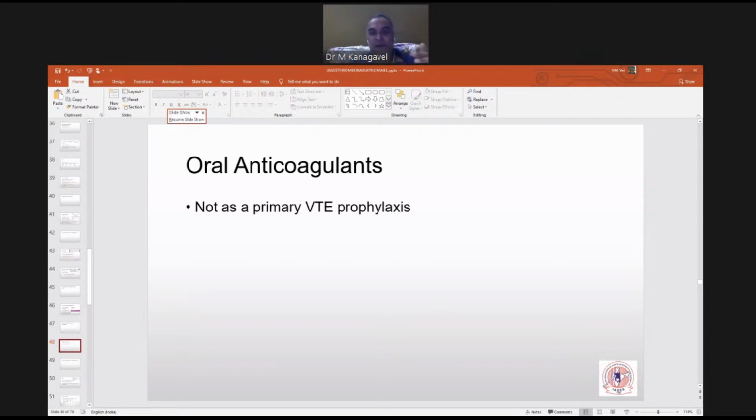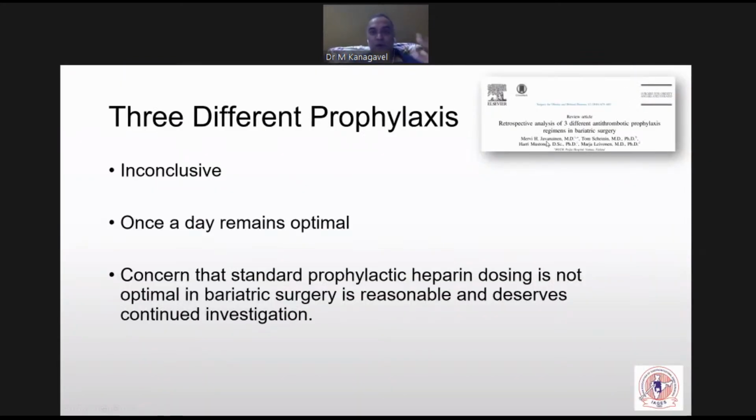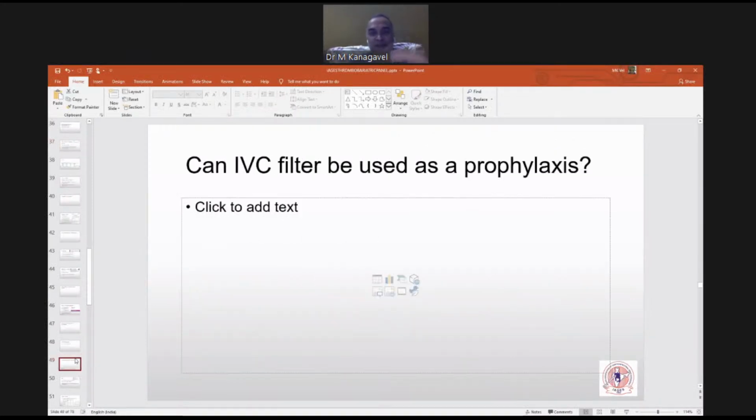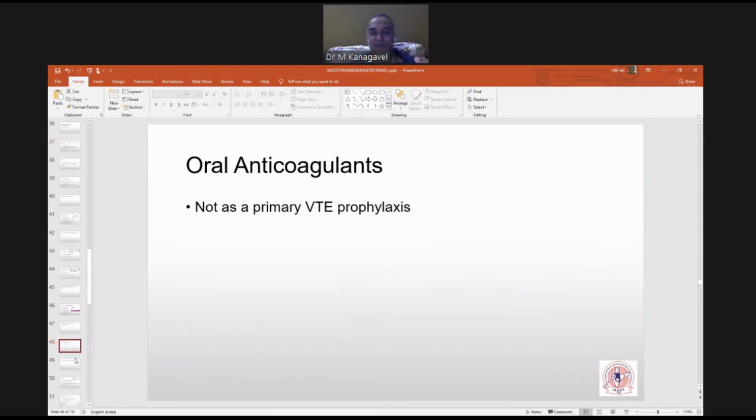This glycoprotein actually inhibits the absorption. More of the glycoprotein is produced in the terminal ileum, and less of it is there in the duodenum. So when we have a patient undergoing a bypass surgery, the drug is going to get less absorbed because it's going to bypass the duodenum and go towards the ileum where the inhibitory factors are more.